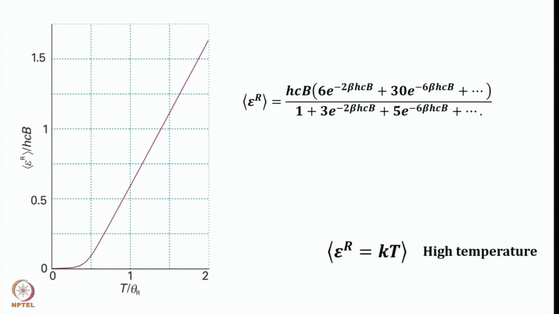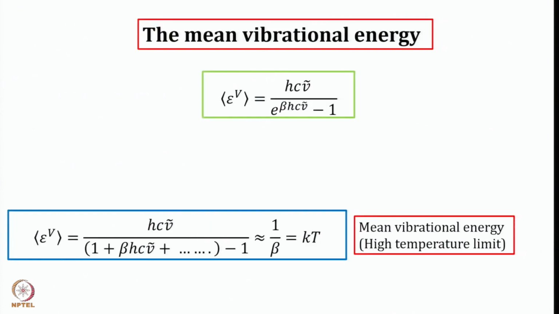If the temperature is not high, the rotational contribution to mean energy turned out to be a complicated expression, but if the temperature is very high, it is equal to kT. For vibration, if the temperature is very high, then it is equal to kT. Otherwise, at other temperatures, we derived another equation where the mean vibrational energy can be evaluated. This is in the high temperature limit.